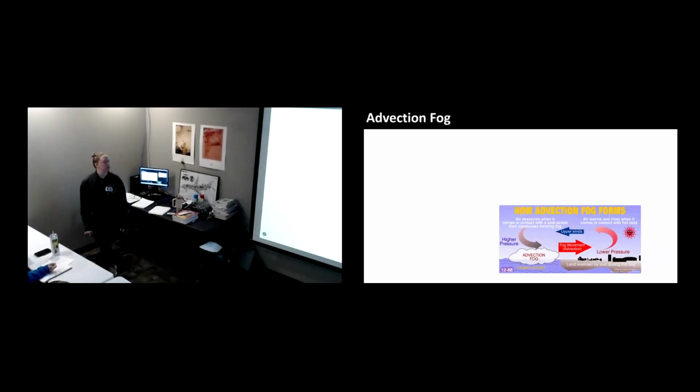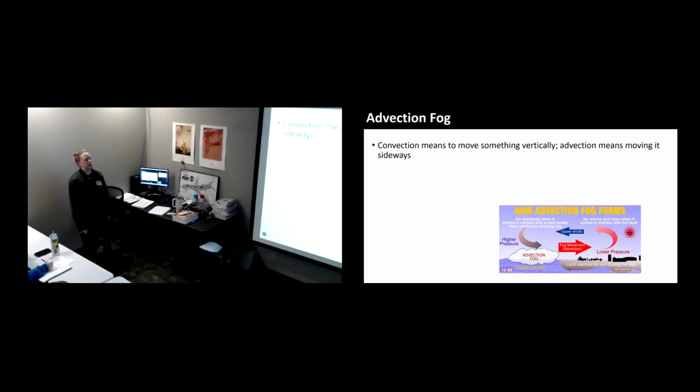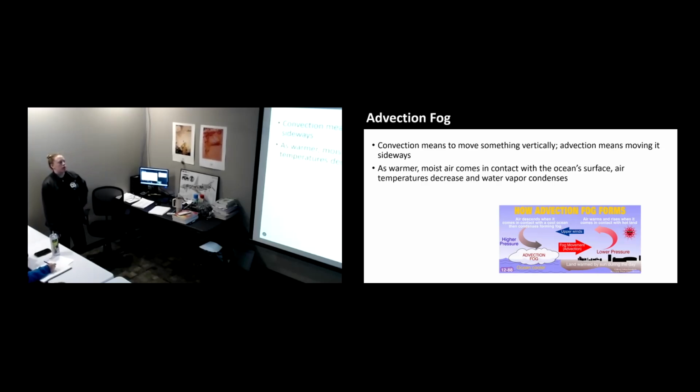Radiation fog and advection fog. These are going to be your two main fogs. Convection means to move something vertically. Advection means move it sideways. As warm, moist air comes in contact with the ocean's surface, the air temperature decreases and water vapor condenses.